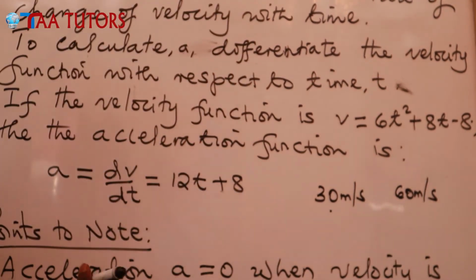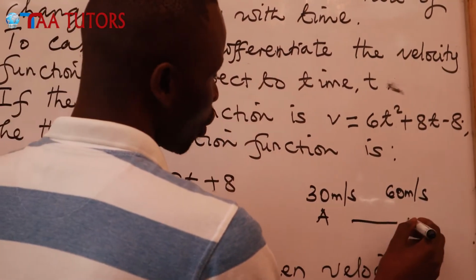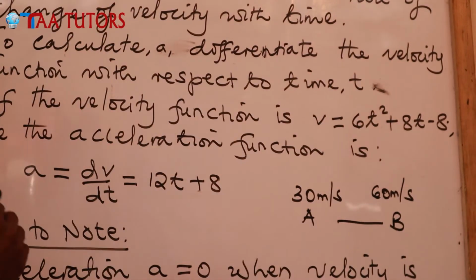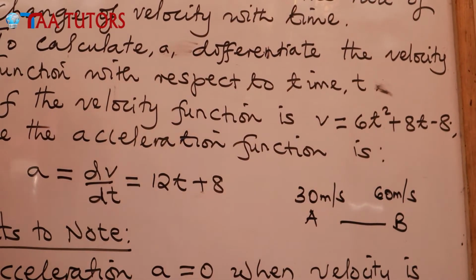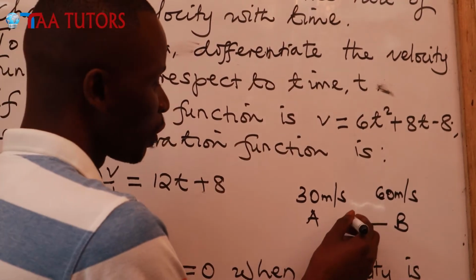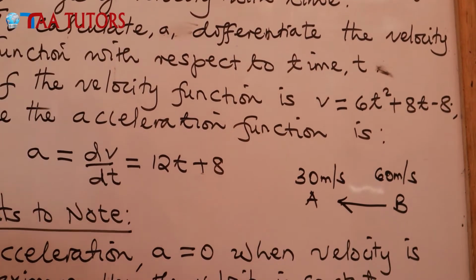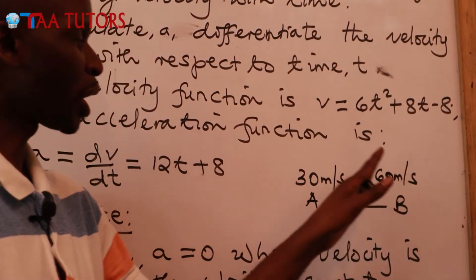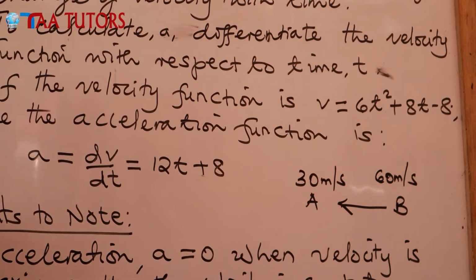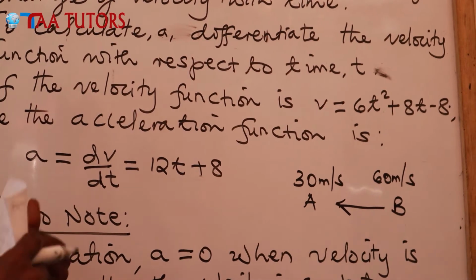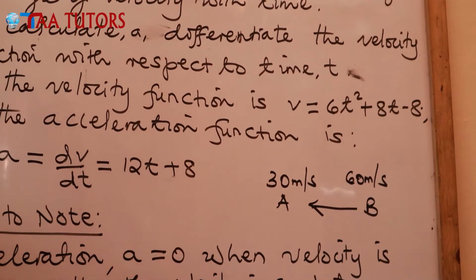So from point A to point B, this object has accelerated. What about if it is moving from point B to A? At B it was 60 meters per second, at A it is 30 meters per second, then this object has decelerated because the velocity has decreased.